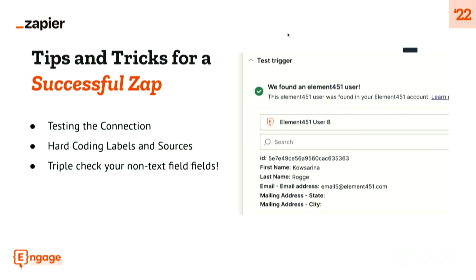The other thing is hard coding labels and sources. We'll show this in the demo part. But basically, when you are bringing data in from, let's say, Facebook or Calendly, you might want to track, hey, this student came from that app that I connected to. You want to label them with the source of Facebook. You'll be able to do that from the Zapier side.